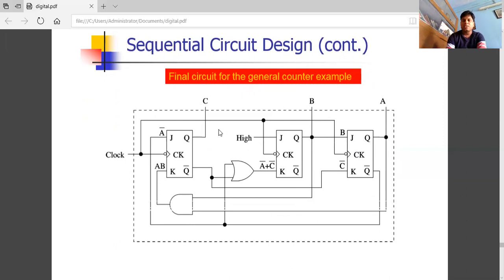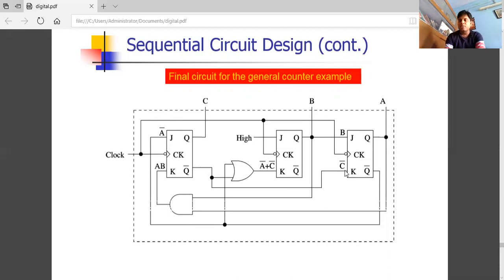ABC are the input section. This is JA KA, this is JB KB, and this is JC KC. This is the output section, Q and Q dash for each, and the clock pulse is combined with all of them, so all the clock pulses are connected together.